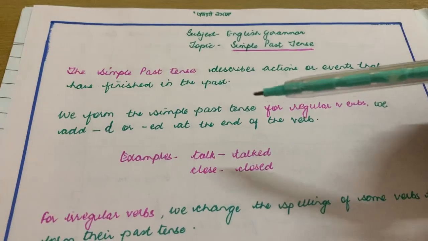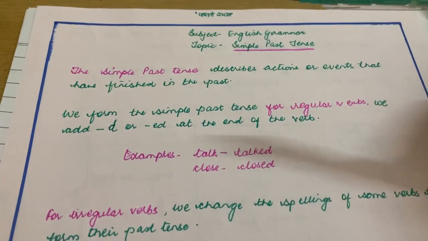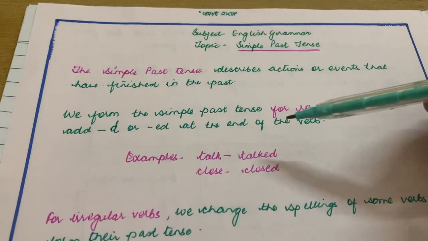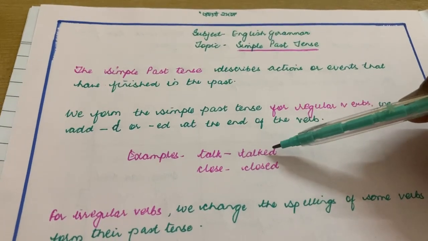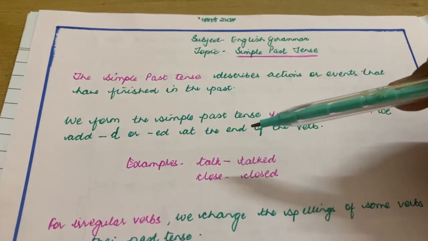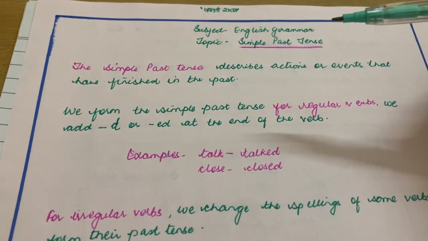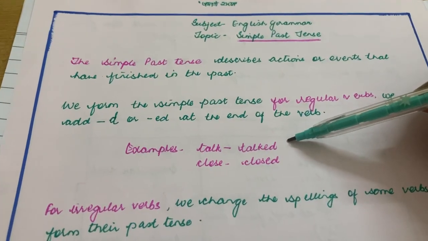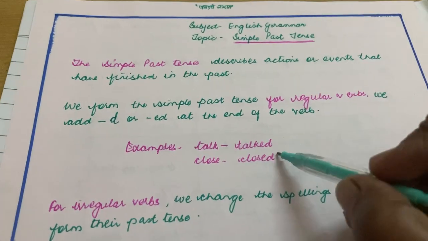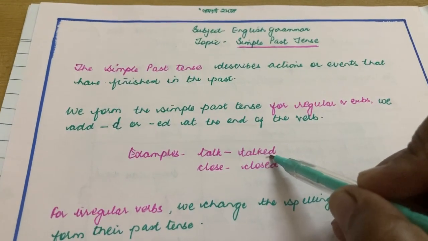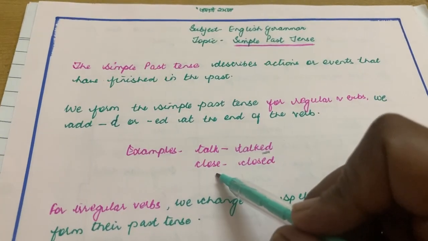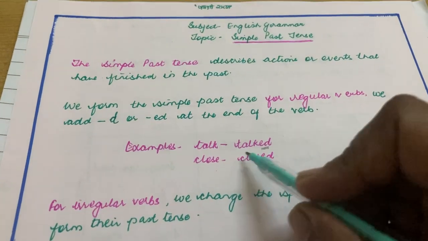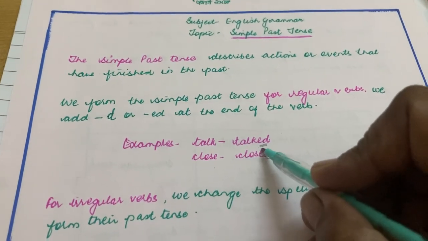For example, if I say talk, so what will we do to express the action that has taken place in the past? We will use talked. So what I have done, I have added ed at the end. Similarly, closed, so here I have added only d. Why? Because at the end e is already there.